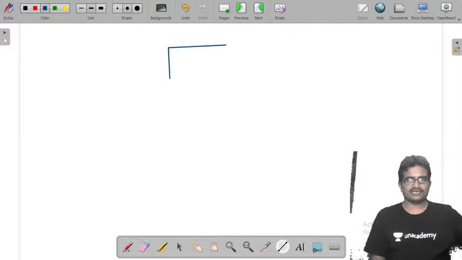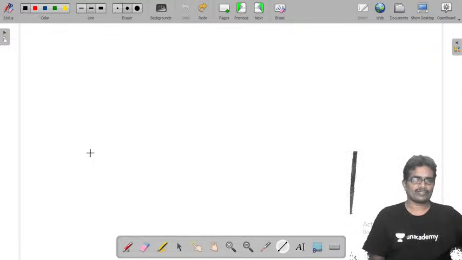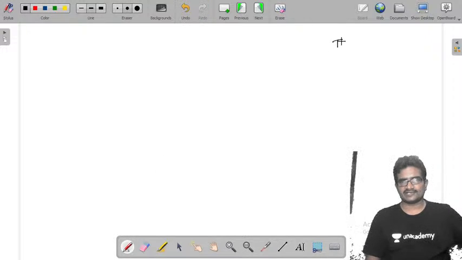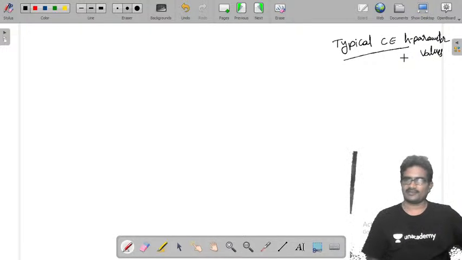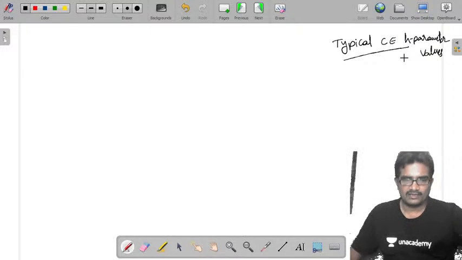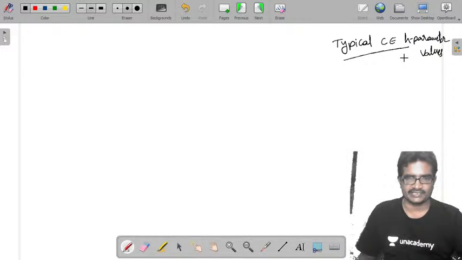And one more, for my analysis purpose I am going to use typical H parameter values. Typical CE H parameter values.